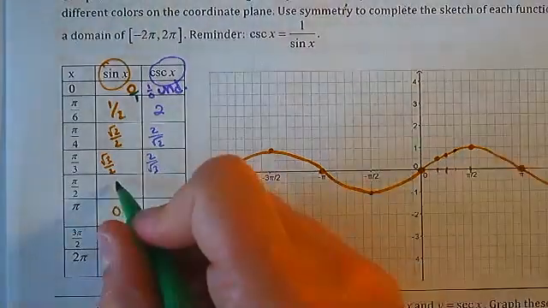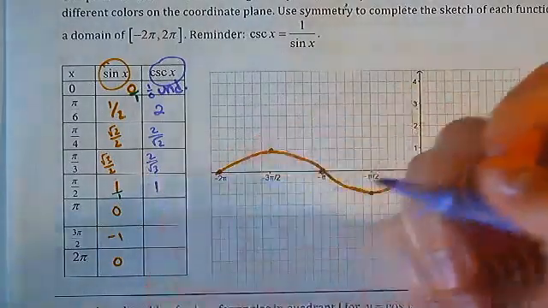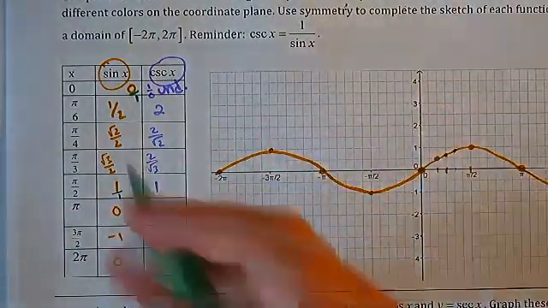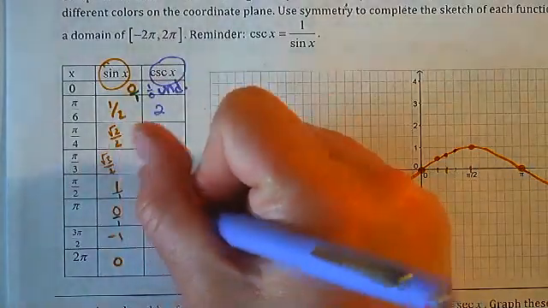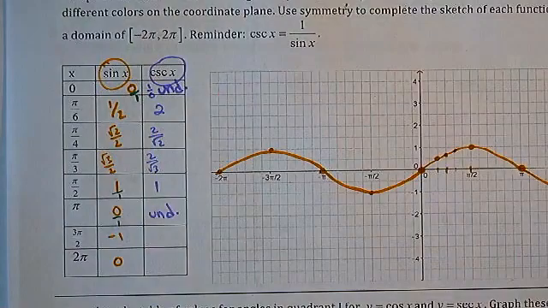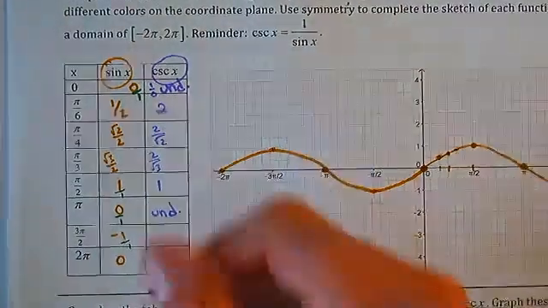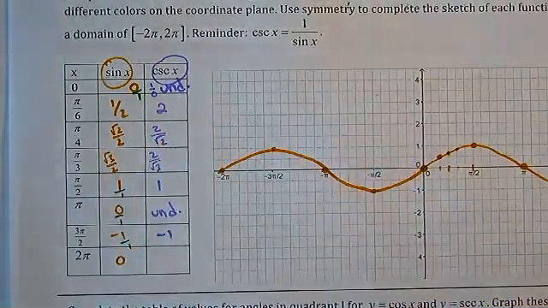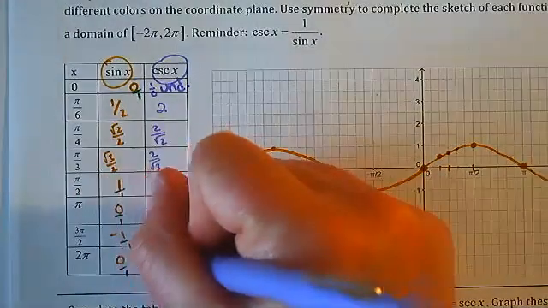Okay. 1 over 1, what's the reciprocal of that? Same thing, 1 over 1, or just 1. I have another 0 over 1, so that means that 1 over 0 is undefined again. Negative 1 over 1 is just 1 over negative 1, which is the same thing. And then I have another 0 over 1, which is undefined.